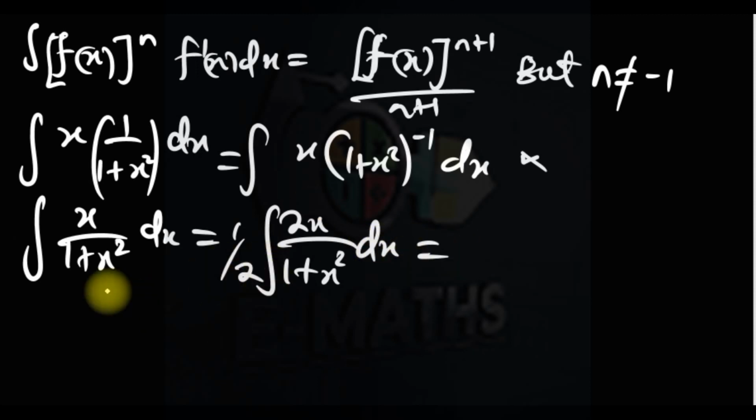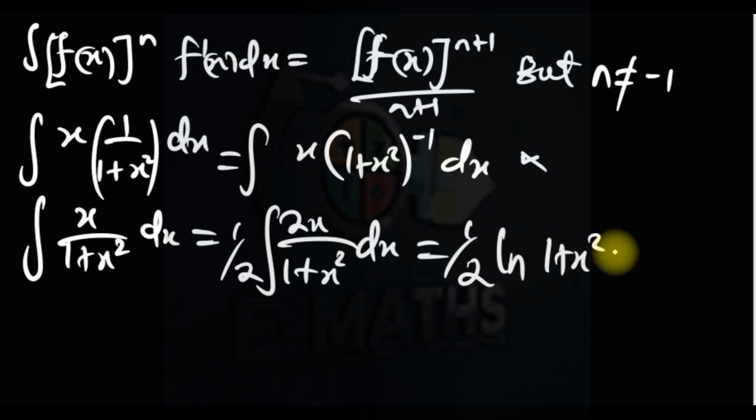Do you get? So we'll get back to this. If I now differentiate this, the derivative of this is this. So our answer is now half ln, the natural log of this. I've done it in my previous video. So that's it.